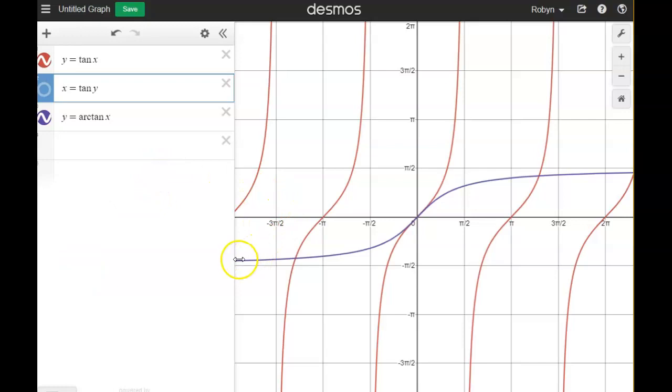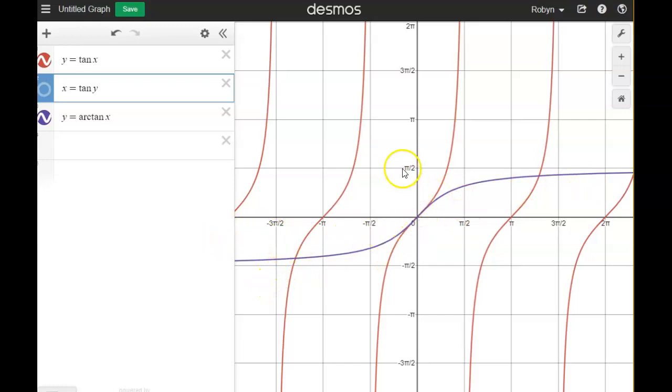So the arctangent is restricted between negative pi over 2 and positive pi over 2 with respect to its range. Its domain is fully unbounded, but these horizontal asymptotes at negative pi over 2 and positive pi over 2 are trapping that arctangent curve within that restricted range.